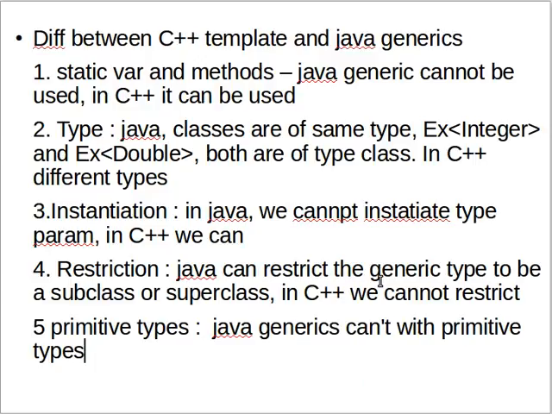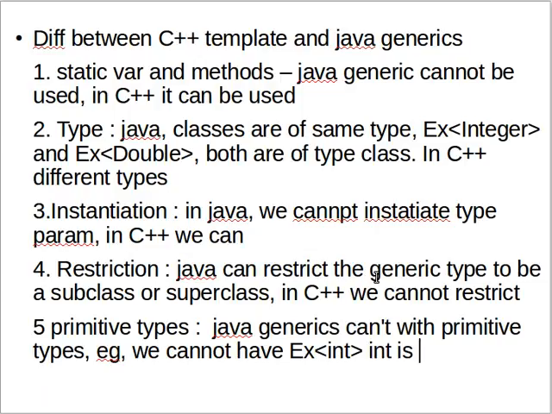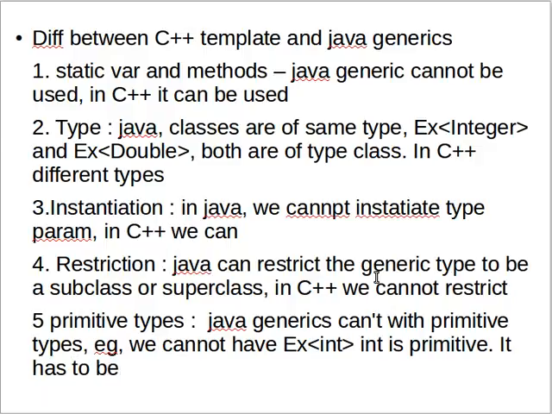For example, we cannot have something like Example of int, since int is primitive, so we cannot have a generic type which is primitive. It has to be something like Example of Integer, the wrapper class of the primitive. We cannot directly use a primitive type.